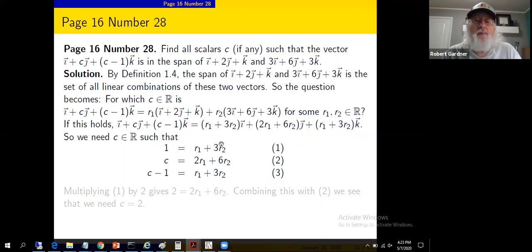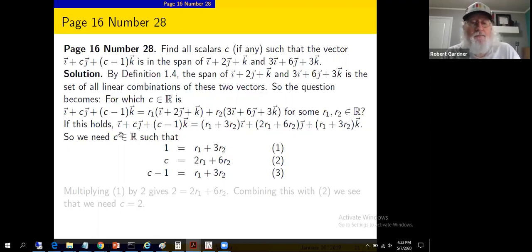We need the same number of i's on both sides, the same number of j's on both sides, and the same number of k's on both sides. Or you could write these in terms of components. First component over here is 1, second component is C, third component is C minus 1. Right-hand side, there's your first component, second component, and third component. Then we could set components equal to each other. So ijk, three components, same difference.